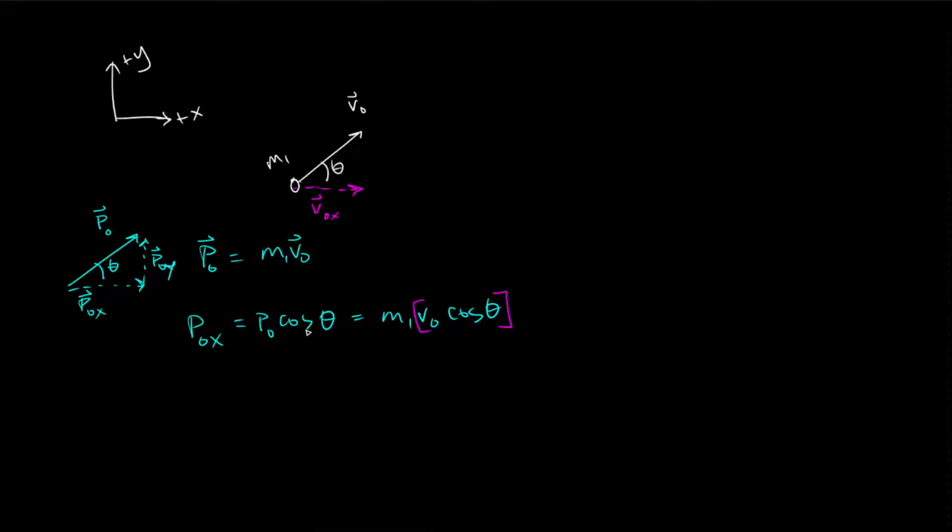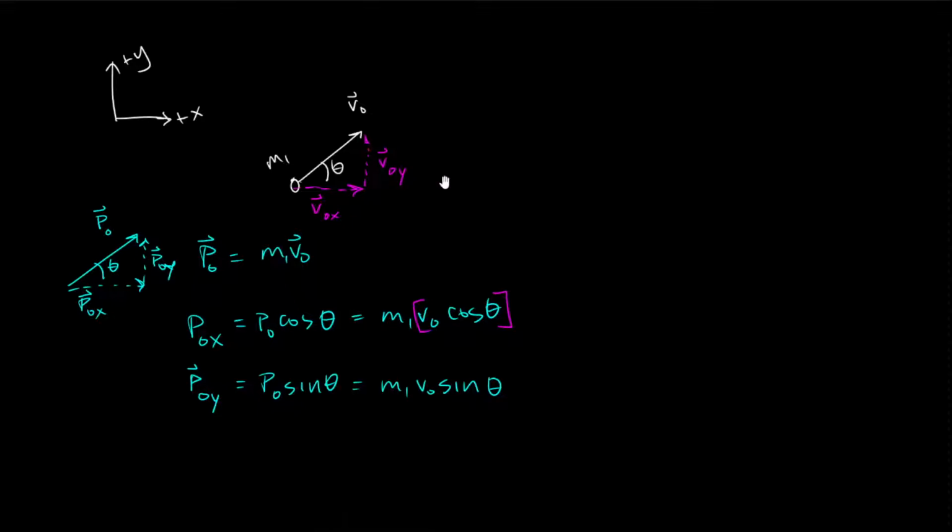So the horizontal component of momentum is the horizontal component of velocity scaled by mass. And there's also a vertical component of velocity, and we can do the same thing for the vertical component of momentum. It's P naught sine theta, or that vertical component of velocity, v naught y, times m1.